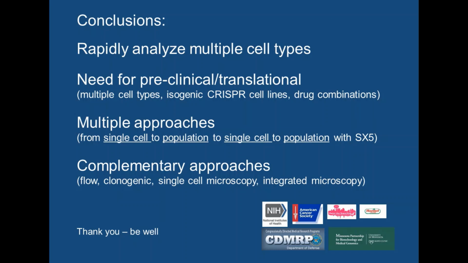It allows us to do rapid analysis, particularly of multiple cell types, multiple changes to those with drug combinations, CRISPR mutations, and particularly when we have to do combination between multiple variables. We think this is a really powerful instrument for doing that. We like to do a multi-approach. We start with single cell that gets us to a mechanism.